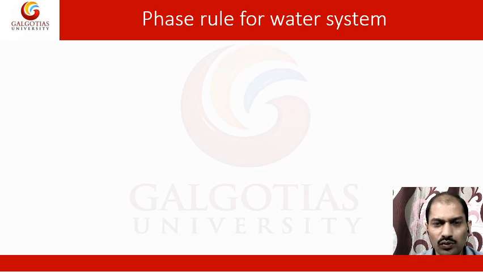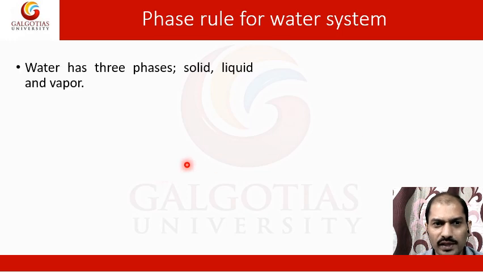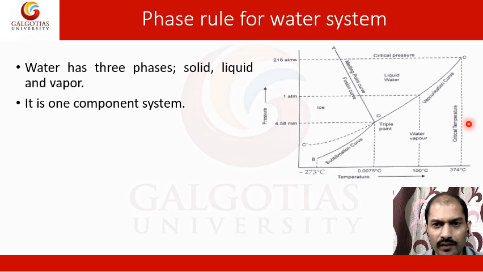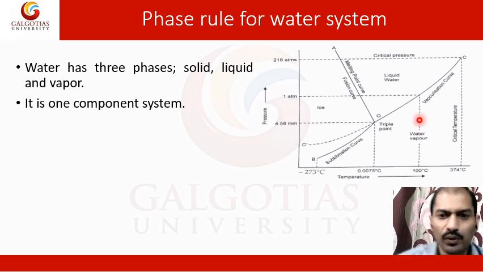So now the phase rule for the water system. Water is a one component system. Here water has three phases: solid, liquid, and vapor. If you see the graph, this is very relevant here to explain properly.